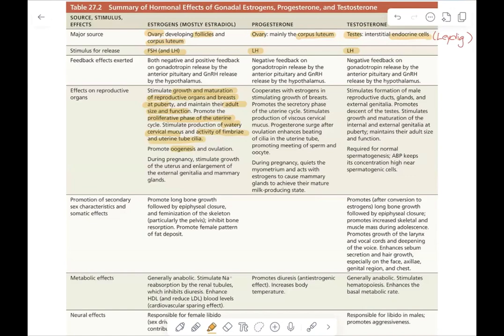LH is responsible for ovulation. The secondary sex characteristics would be things like long bone growth, followed by epiphyseal closure, feminization of the skeleton, inhibiting bone resorption, and promoting female pattern of fat deposition.